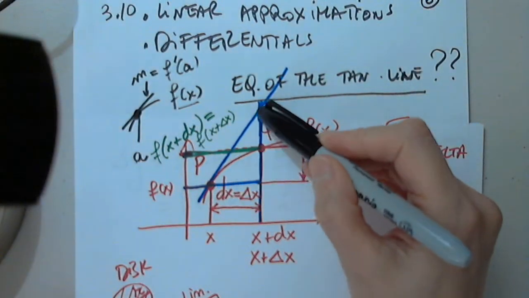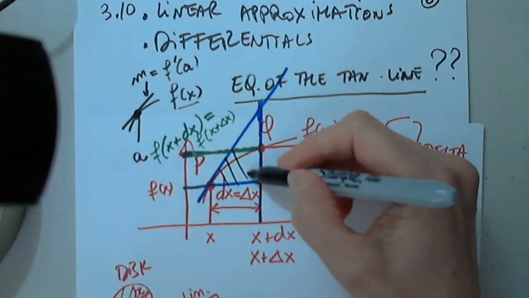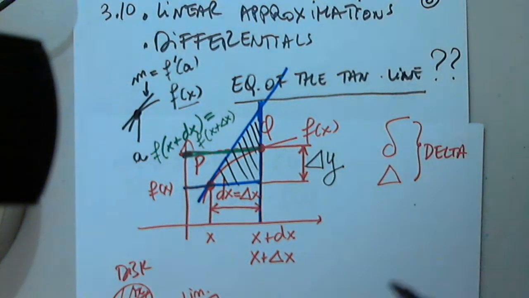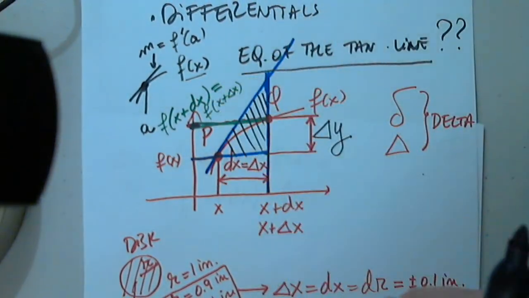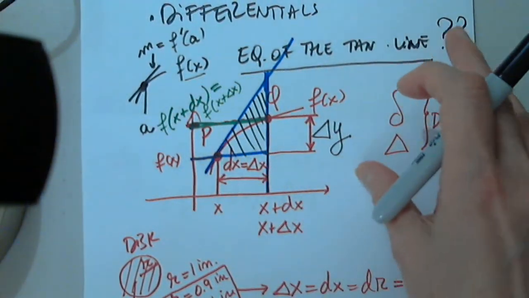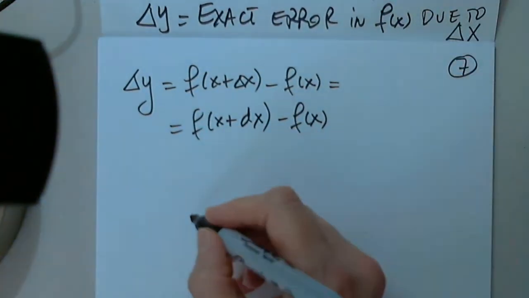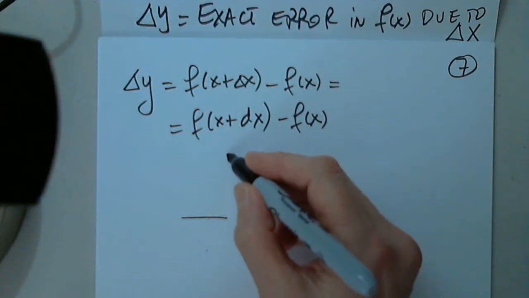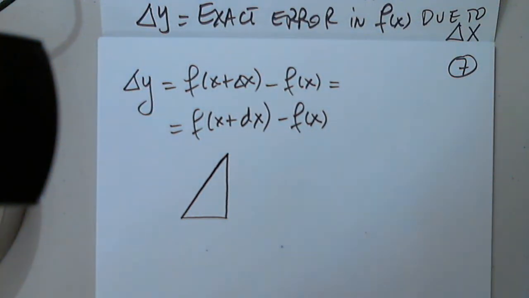Okay, now you see I have a triangle here. I'm going to remove it from here because I don't want to put too much stuff in there already. Here is that triangle.